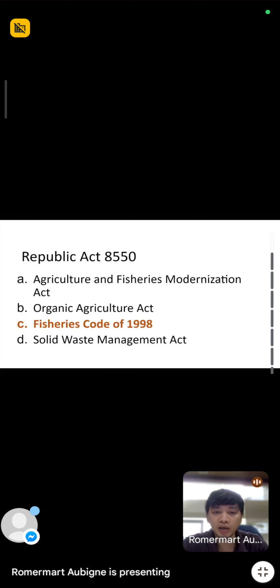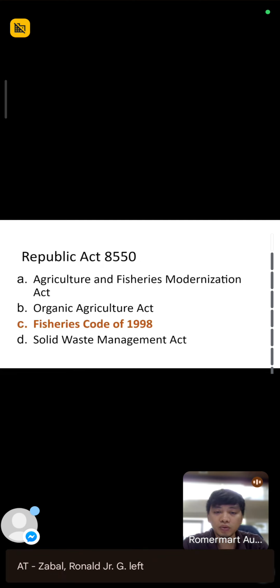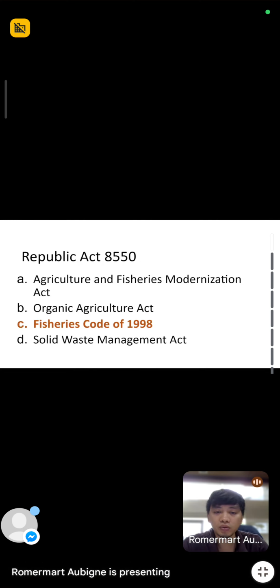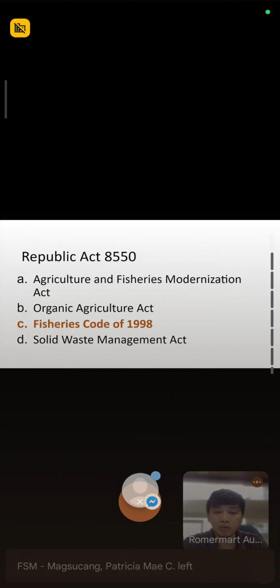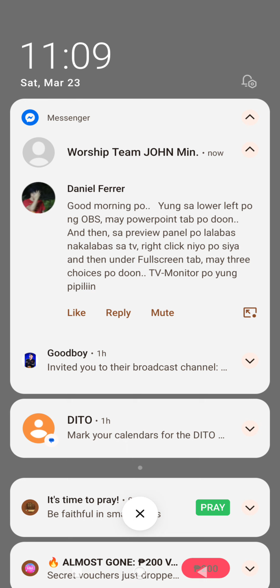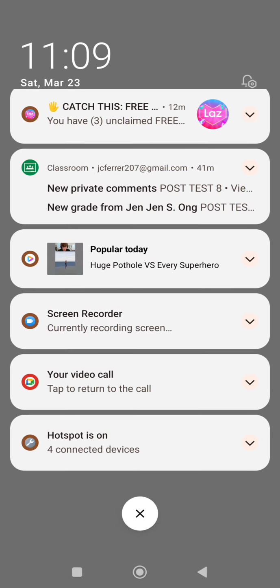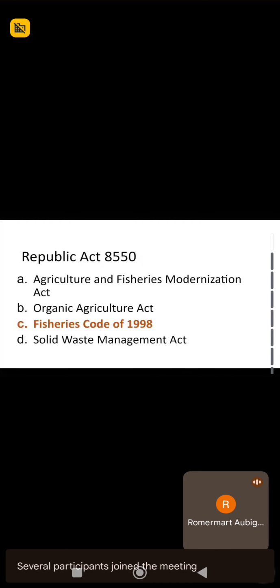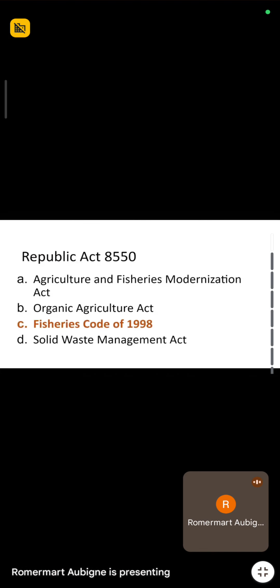Then, ano po ba yung agency na in charge for the aquaculture and fisheries? We have the Bureau of Fisheries and Aquatic Resources. Alam po naman ng lahat. Sila po yung in charge when it comes to the fisheries, marine and marine culture and the aquaculture.